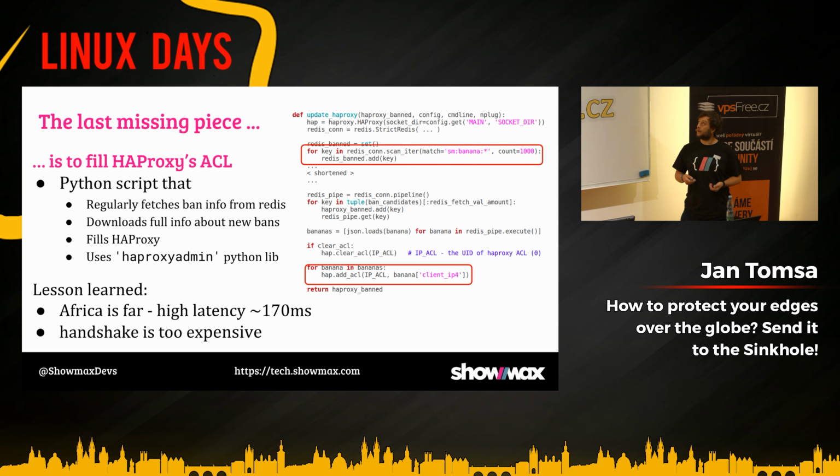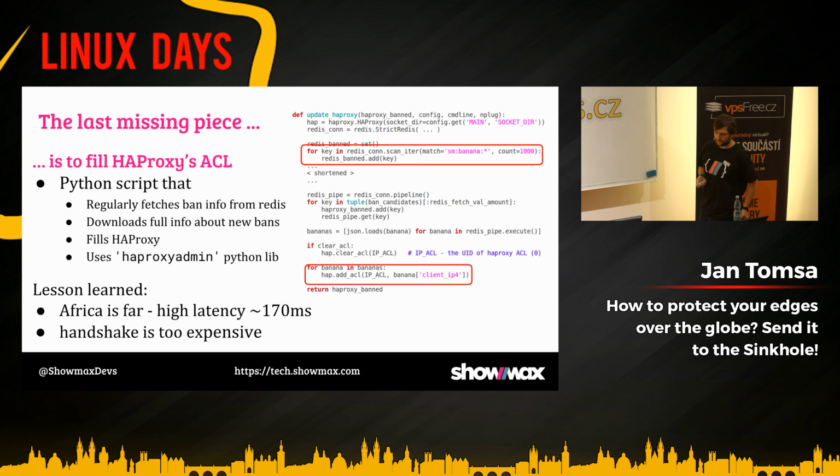Of course, if a ban has disappeared, it needs to clear the ACL and refill the rest. For communication with HAProxy, we use the HAProxy admin Python lib, which allows control via the socket.